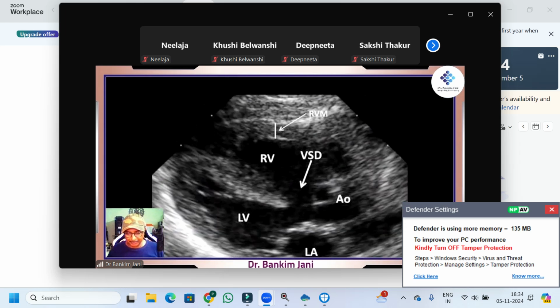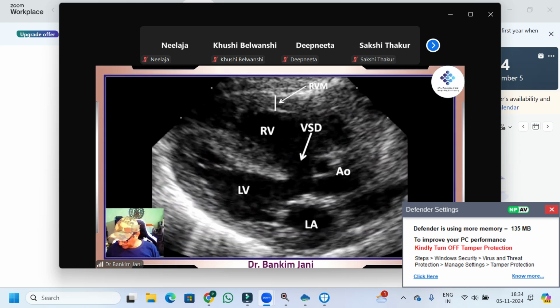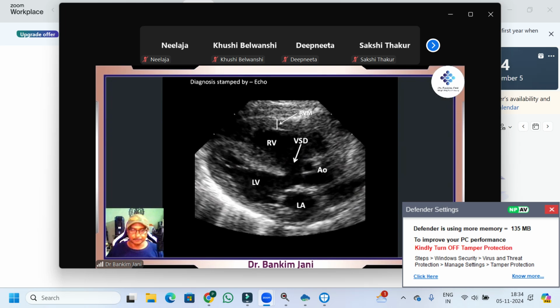This is what we are dealing with. It is by echo. This is what you see in echocardio, which uses ultrasonic waves. Here we have the right ventricle and the left ventricle, and this one is the aorta. This one is the left atrium.